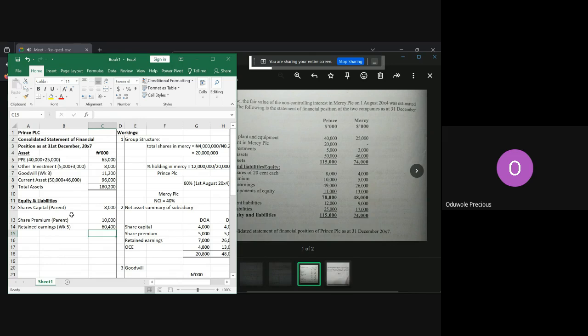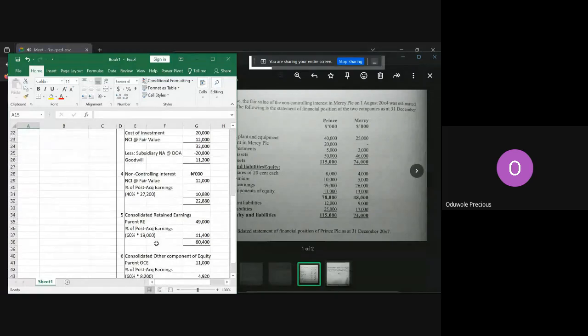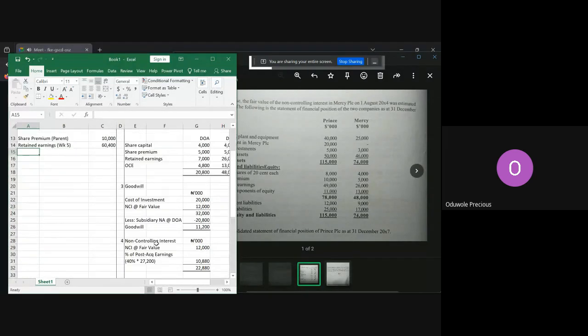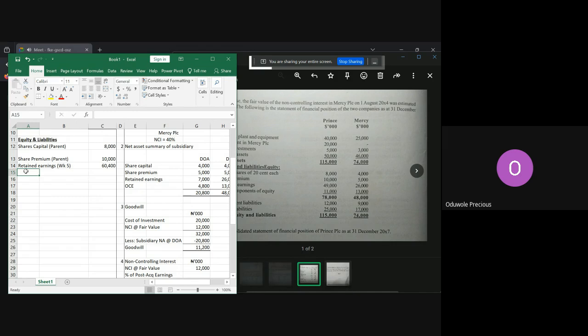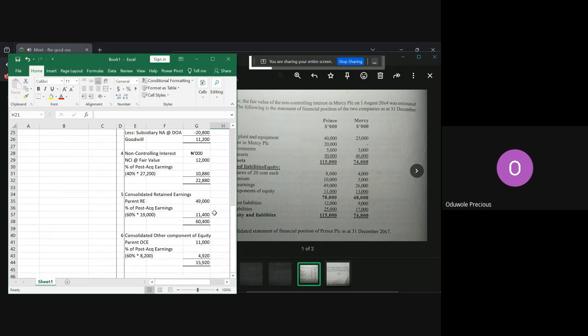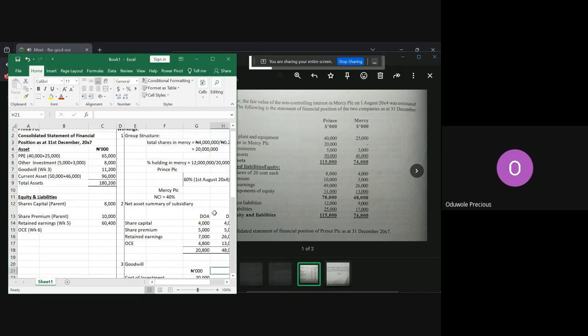Next one is what? Other component of equity. This is workings 6, right? Which is how much? 15,920.